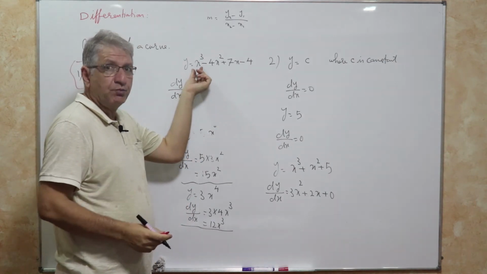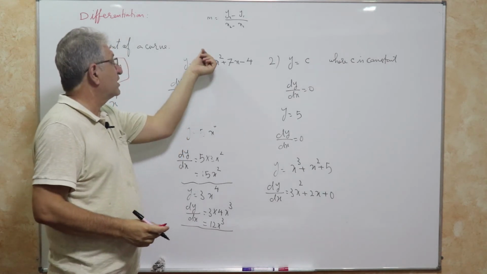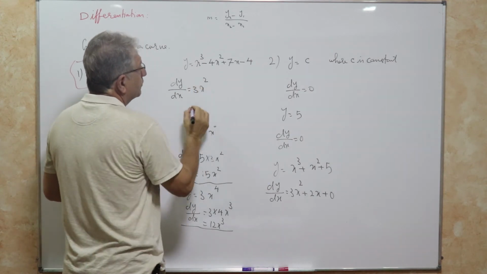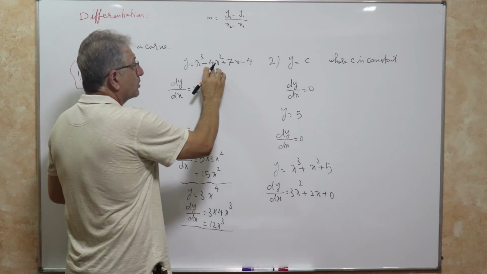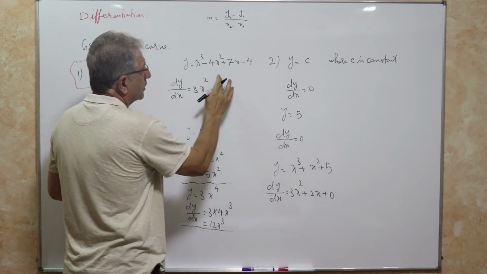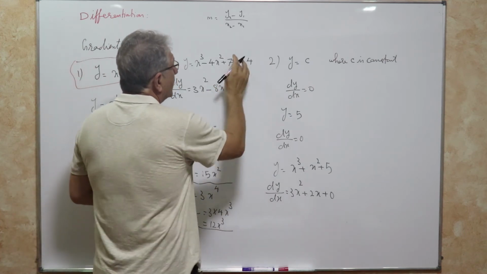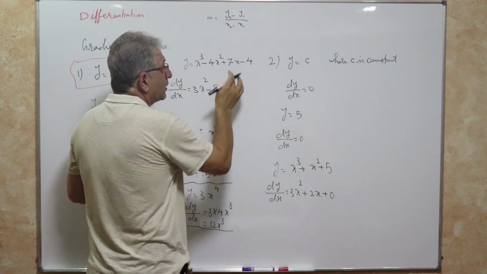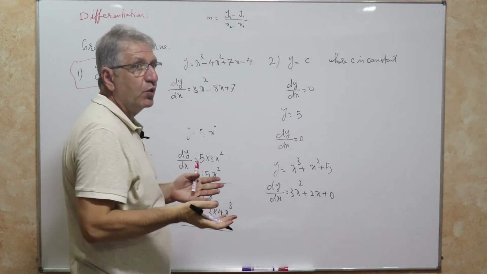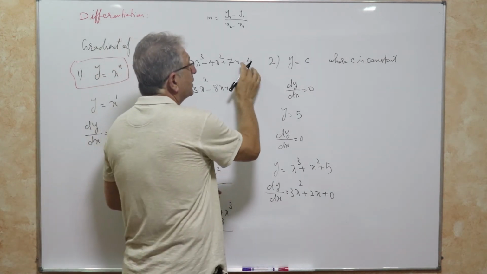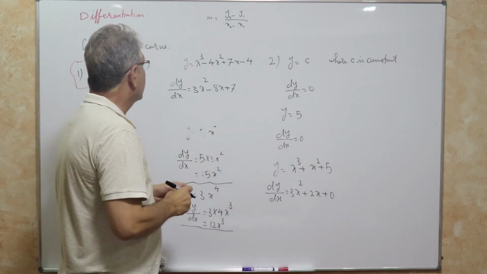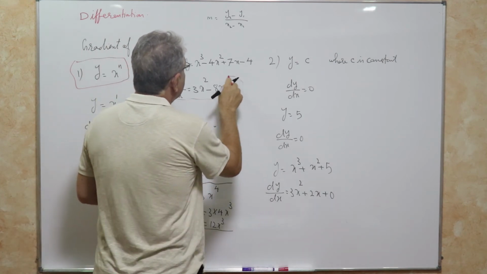Just concentrate on x to the power of 3, x cubed. Now, the power is 3. Therefore, the power comes down. Reduce 1 from the power, x squared. Minus. Now, this 2 comes down. Multiply by 4 will be 8. X to the power of 1, which we are not writing actually. And then 7. The power is 1 here, 1 comes down and multiply by 7, and then x to the power of 0, therefore there is no x at all. And you are getting a constant number here, the differentiation of a constant number also is 0, therefore no need to write anything. Therefore, this is the derivative of this function.